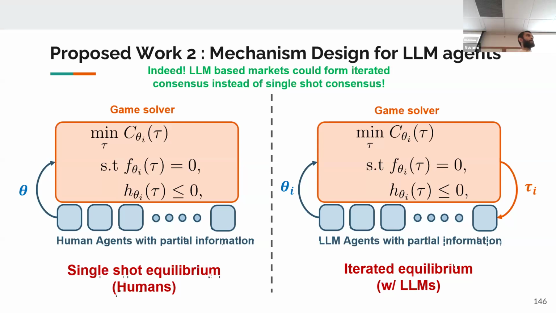Right, I agree. I think there was another axis which I did not point out here, which is that in a lot of these online applications, you expect to already be in equilibrium.